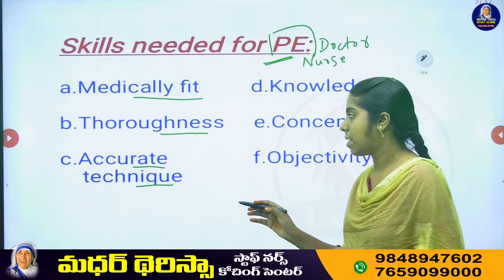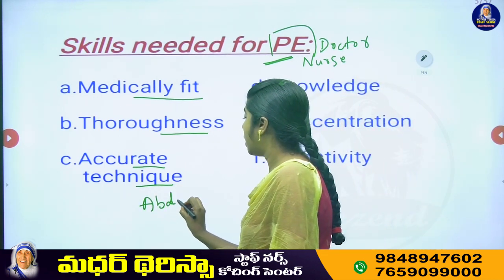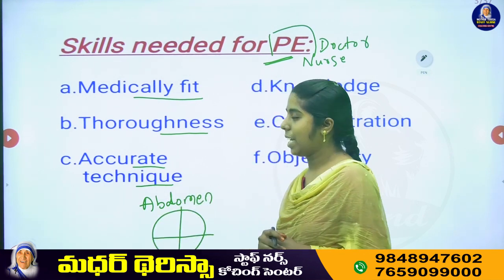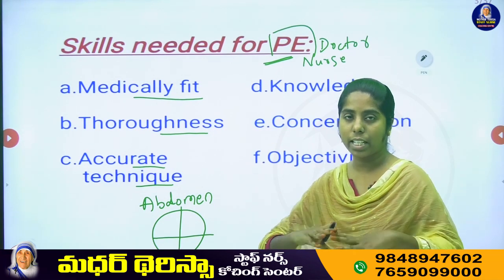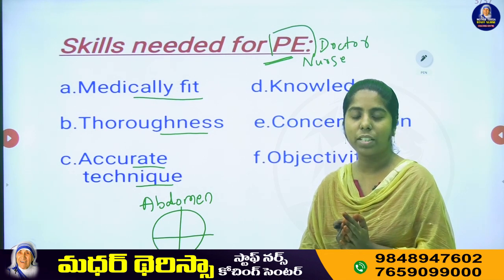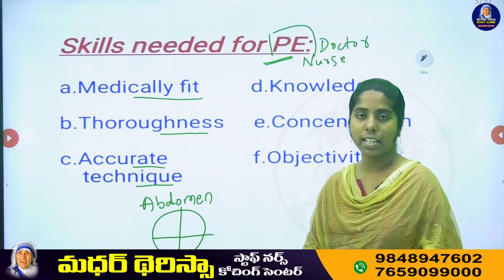Say for example, if you are performing an abdominal examination, generally the abdomen is divided into 4 quadrants, upper and lower quadrants. In that manner, dividing the abdomen into 4 quadrants, the physical examination is done, right?